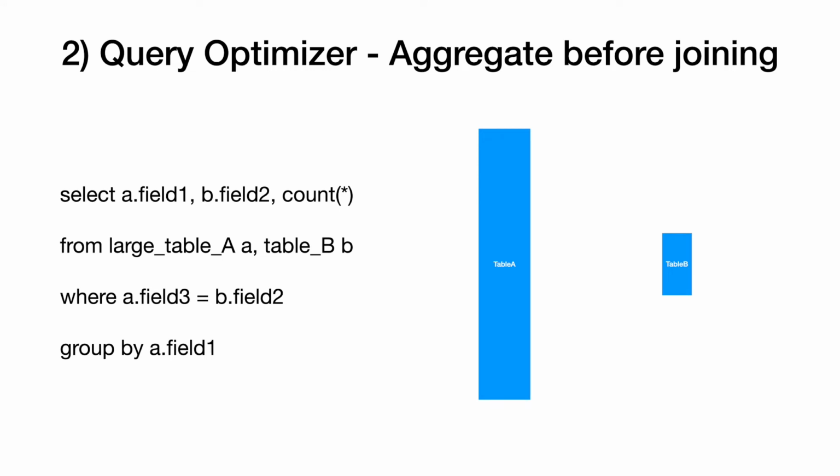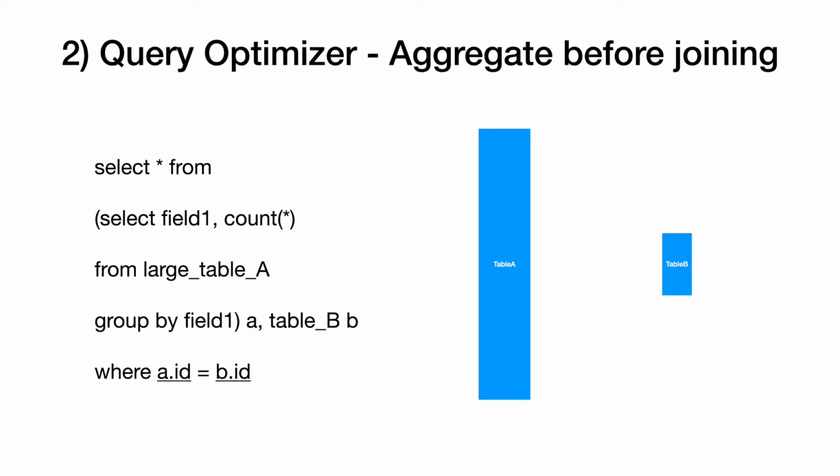So what we do instead is manually rewrite the query, so that we tell the optimizer what to do. You see here, instead of doing the join first, I'm going to put a group by inside the brackets on the large table A. Essentially, this shrinks table A before joining table B. So it looks something like this: shrink table A and then join table B. By writing the query myself, I'm telling the optimizer what to do instead of relying on it.